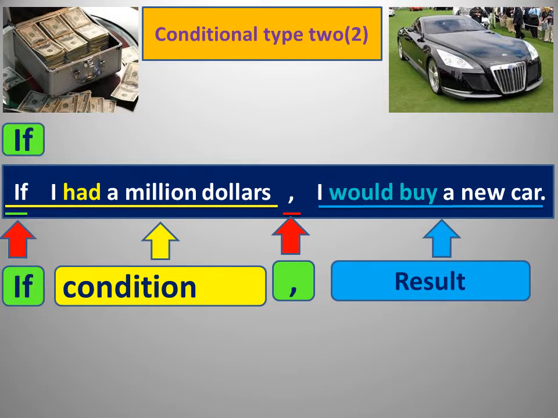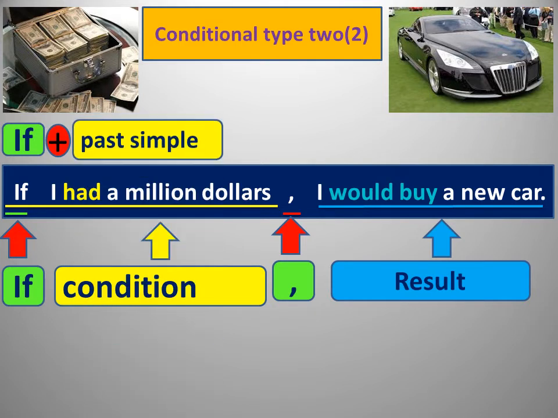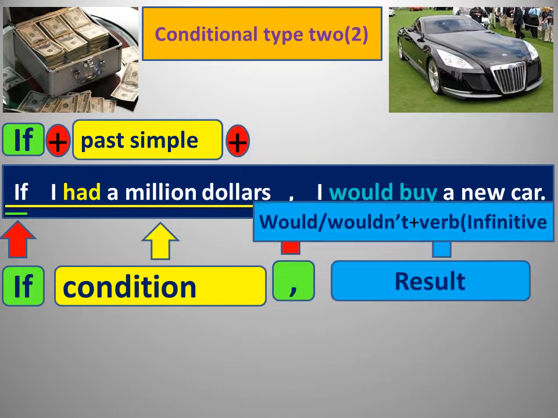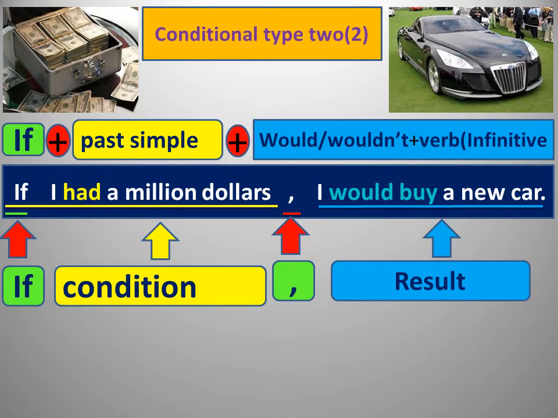Let's see the form of this conditional type 2. We have if plus past simple. Remember, past simple, plus would or wouldn't. It depends, affirmative or negative.